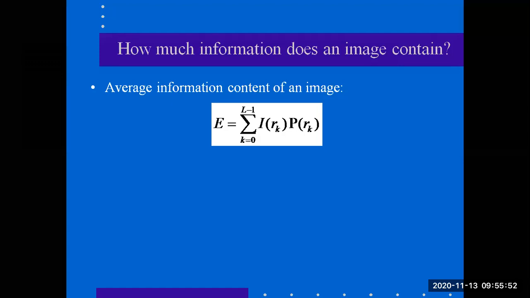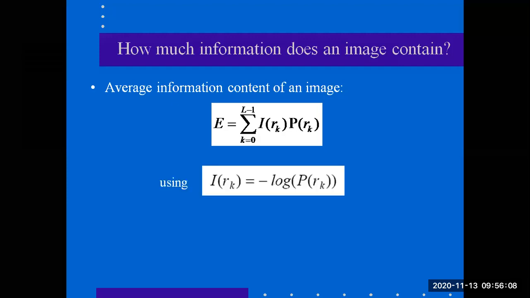So if you calculate for a single level, you will get one value, and for the second level you will get another value, and correspondingly there are 8 levels and 8 products. And if you sum all these values, you will get the total average information content in an image.